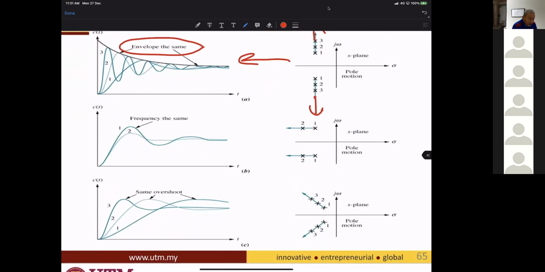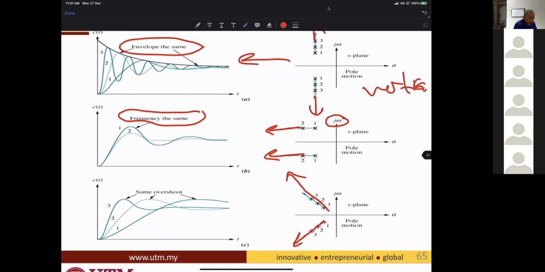But if the complex conjugate poles move towards the left half plane, far away from the imaginary axis, you can see that the shape of the response is similar at the peak level where the frequency is the same. But if the pair of complex conjugate poles moves diagonally, this one is vertical, this one is horizontal, and this one is a diagonal movement.